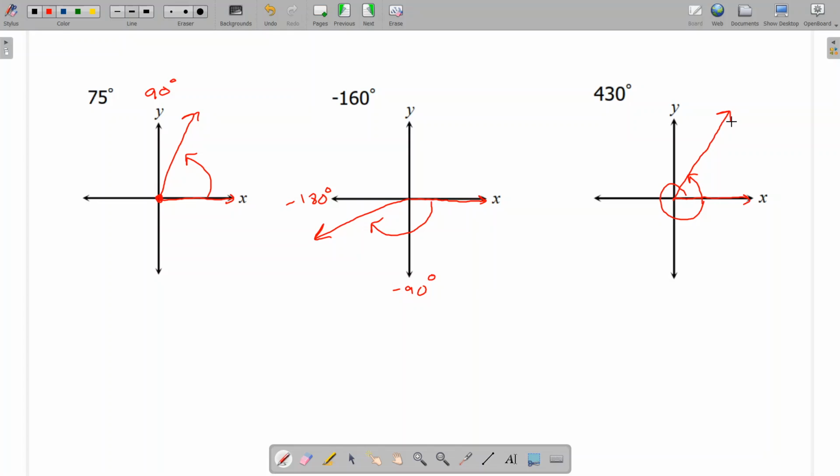Now, that doesn't look much different than the 75-degree angle over here, and that's because there's not much of a difference on that coordinate plane. You wouldn't really know that this was 430 degrees if you didn't have that spiral in the middle showing you it. So it's really not that important for our purposes. There's not going to really be a difference between a 430 or a 70-degree angle, and that's going to have a name to it that we're going to look at here in a little while.